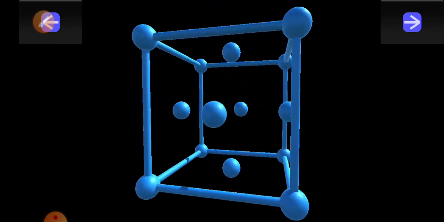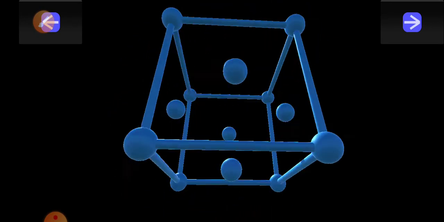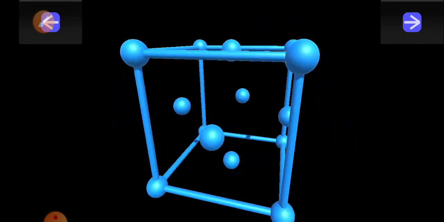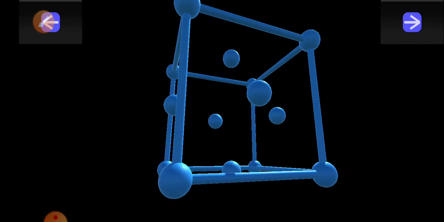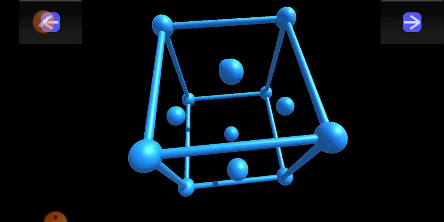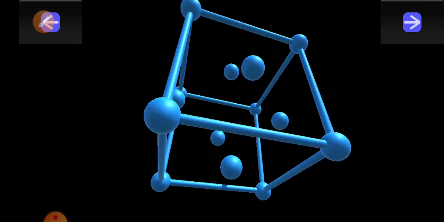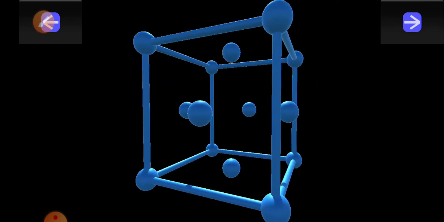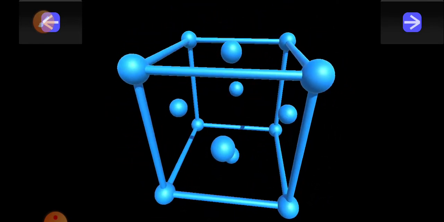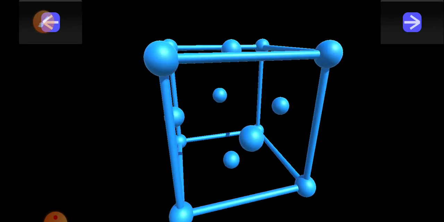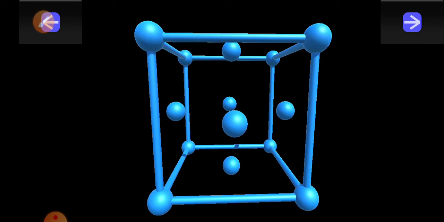You can clearly see there are 8 corner atoms and there are 6 face-centered atoms, which you can see very clearly in the figure, right? Now try to understand. There are 6 face-centered atoms and 8 corner atoms, as we have discussed, and each face-centered atom will be contributing half to that particular unit cell, and each corner will be contributing 1 by 8.